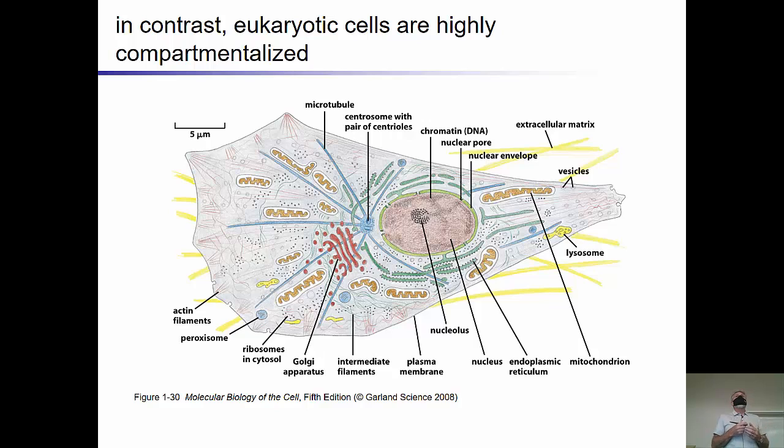And many of the organelles in a eukaryote are completely enveloped or surrounded by either 1 or 2 lipid bilayers, so membranes. And we're going to spend, I think it's topic 3, looking at the organelles in some detail. We can see many of them in this particular picture here that's looking at a eukaryotic cell.